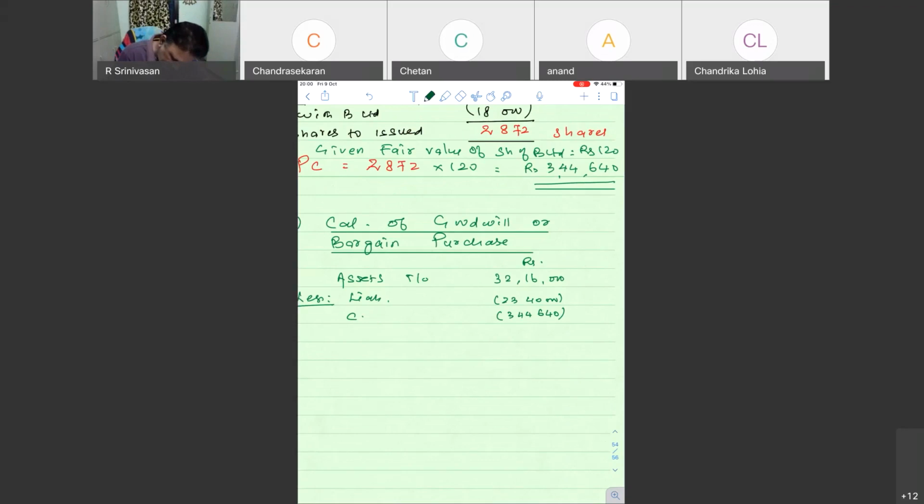So consideration. If it is negative, then it is a bargain purchase. Otherwise, it will be goodwill.